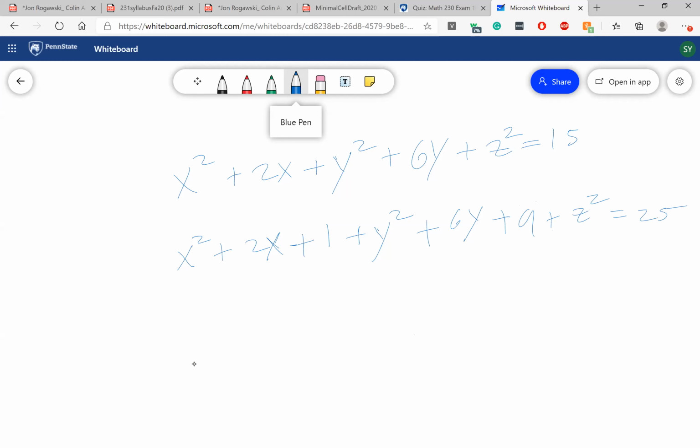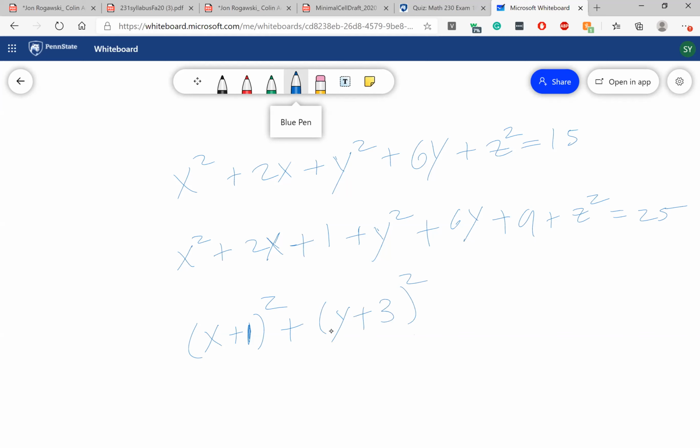Okay, so then this over here is going to be x plus 1 squared, right? And when we open it up, x squared, x times 1 is x, 1 times x is x, okay, that gives us that. Plus, over here, it would be y plus 3 squared.